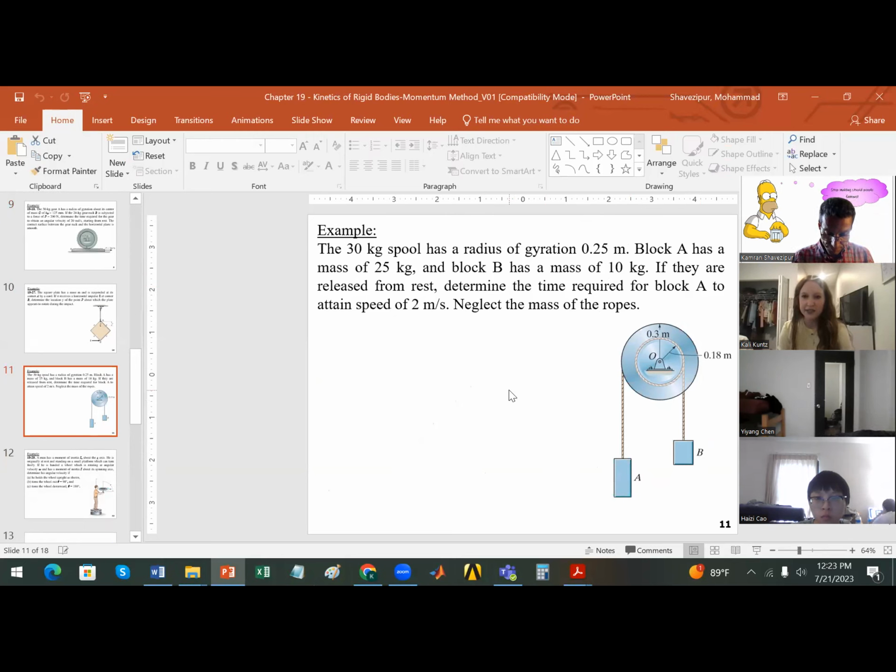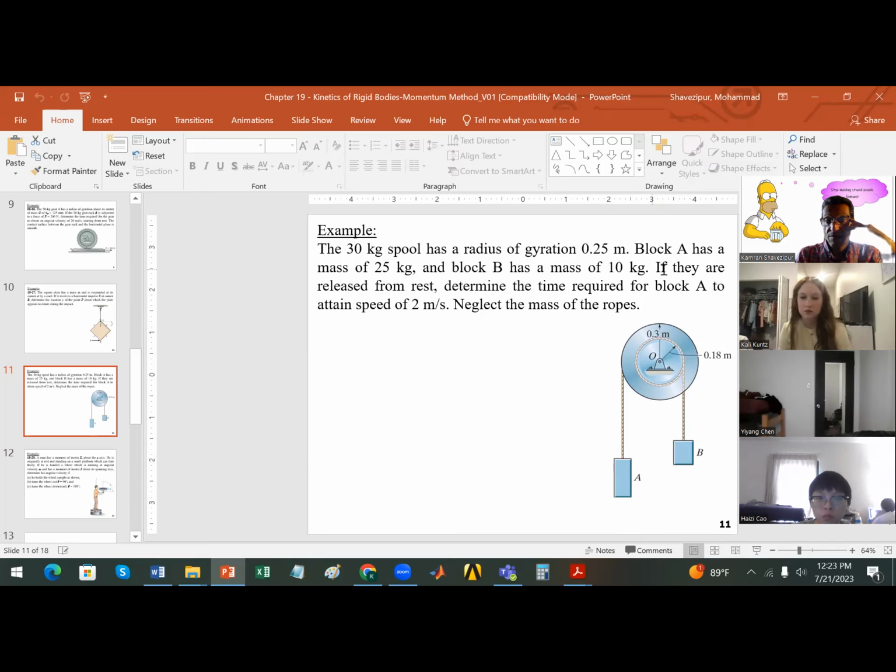Here, you see we have a spool, 30 kilogram. Two blocks, block A and B, are kind of attached, well, attached is not the right word, connected to this through the ropes. A rotates on a larger radius, B rotates on a smaller radius.